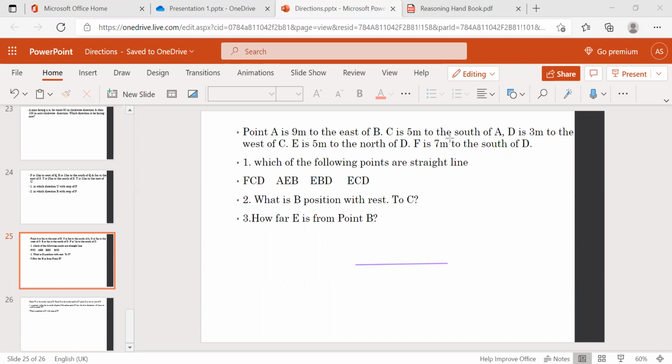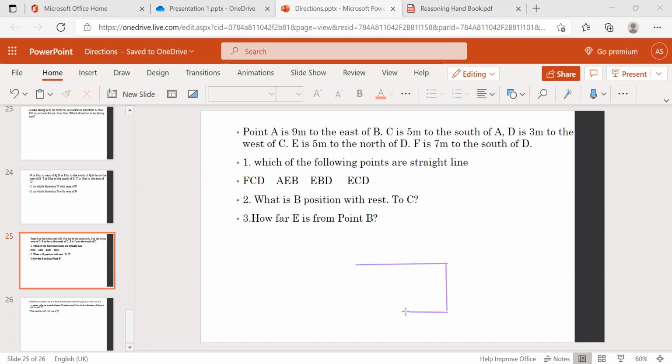C is 5 meters to south of A. So A is here, right? C is 5 meters south of A. South, this one is south, 5 meters. And D is 3 meters to the west of C. This is C and west is nothing but this. So D, 3 meters.